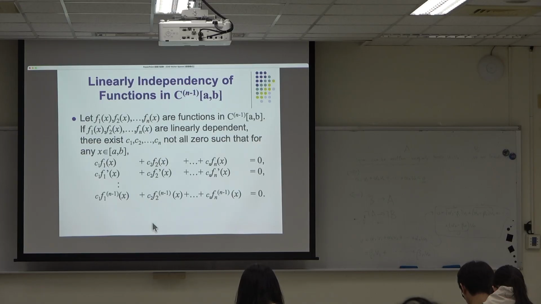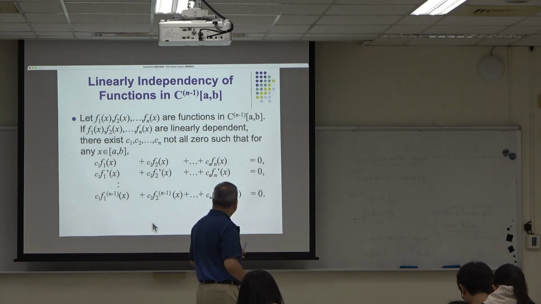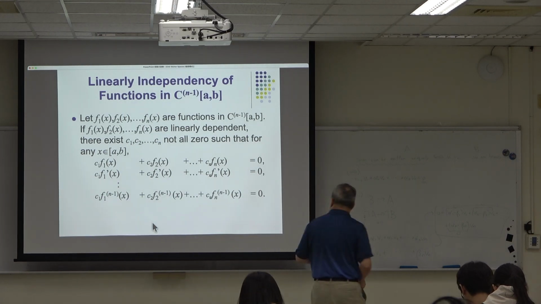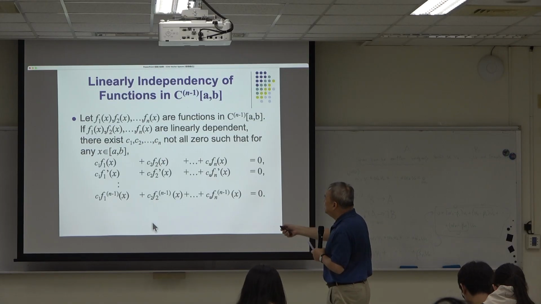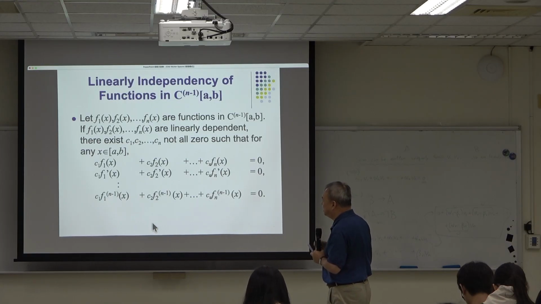Functions in C^(n-1)[a,b]: f1(x), f2(x), blah blah blah, fn(x). If f1, f2, up to fn are linearly dependent, what does that mean?